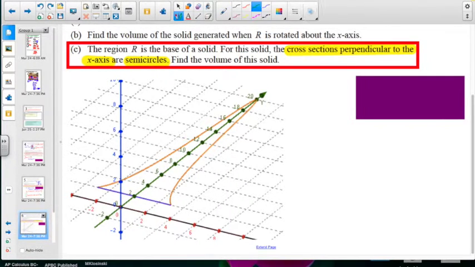So we know that the area of a semicircle is 1/2 pi r squared. If we draw the semicircle here, so there's the bottom of the semicircle. So it looks something like that.